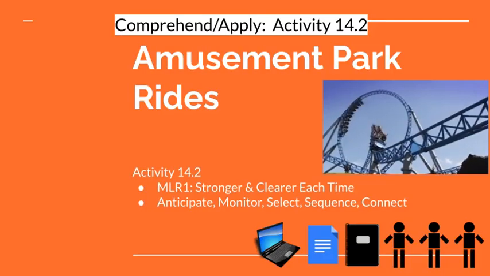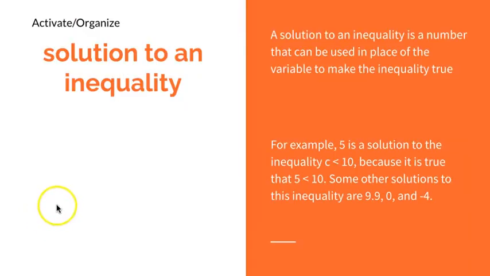Amusement park rides. Oh, I would like to be there right now. Solution to an inequality. So let's jot this down real quick. A solution to an inequality is a number that can be used in the place of a variable to make the inequality true. And this is similar to what we talked about with equations and putting in letters in those as well.